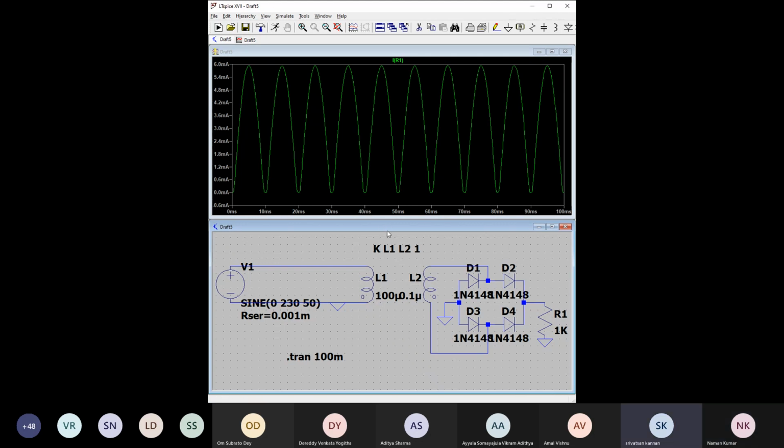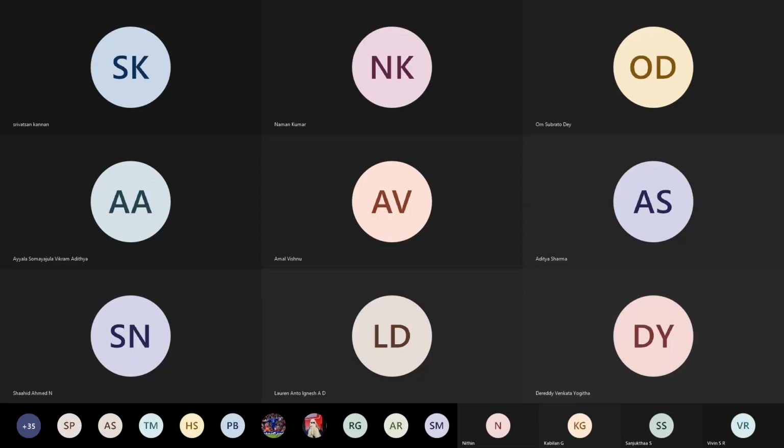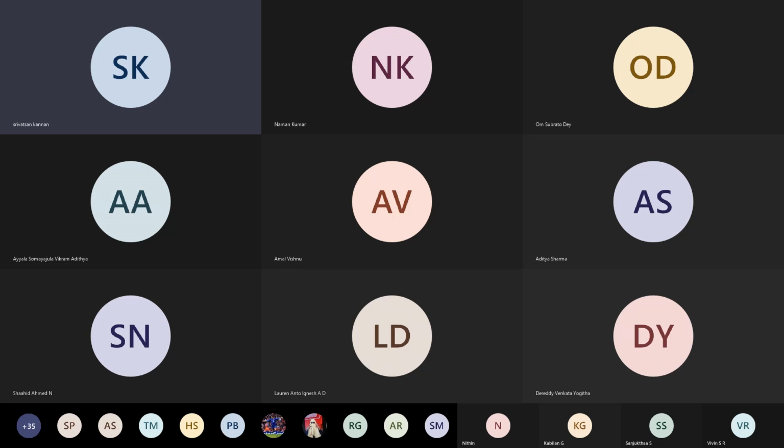So all of you have done this bridge rectifier. Yes, sir. I'll upload the sample report format. You have to maintain a soft copy, a Word file, for every lab. In the first class we did some simple resistor experiments, and we also simulated a band pass filter.